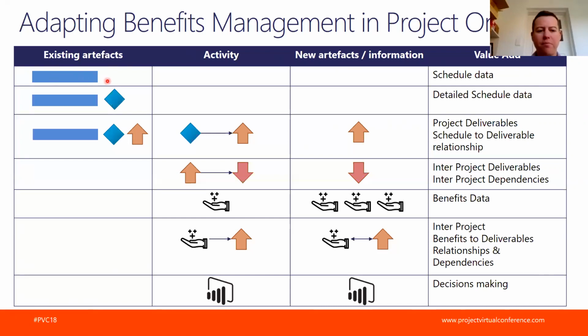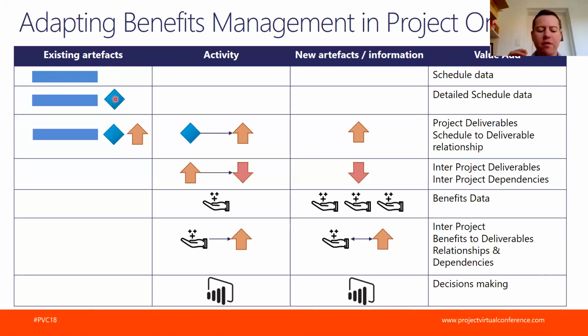This scheduled data pretty often is coming to milestones. So we have tasks, we have milestones, and those milestones, I don't know if you guys already use this, but can be linked to deliverables.